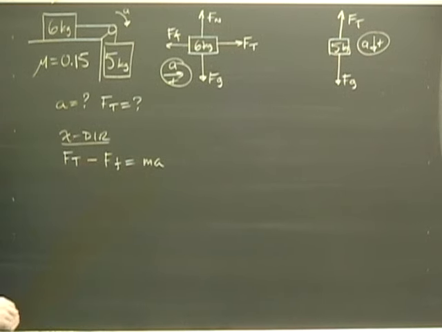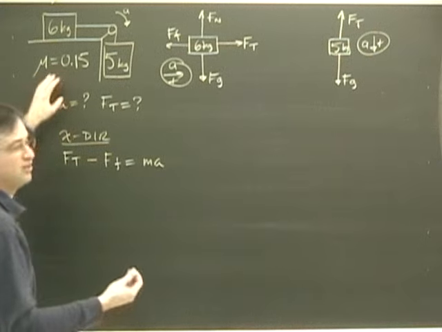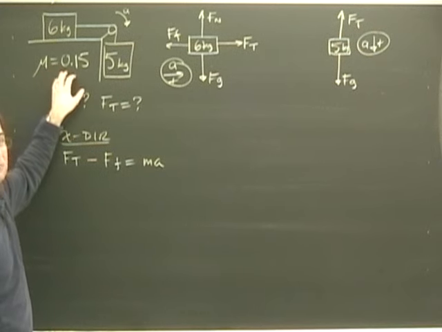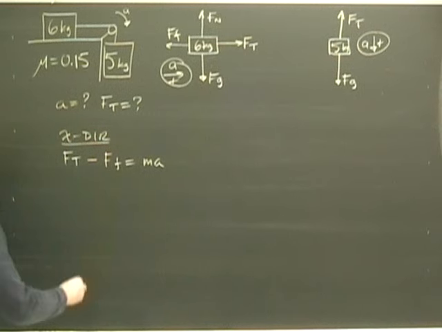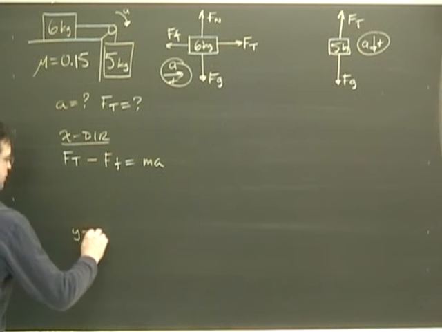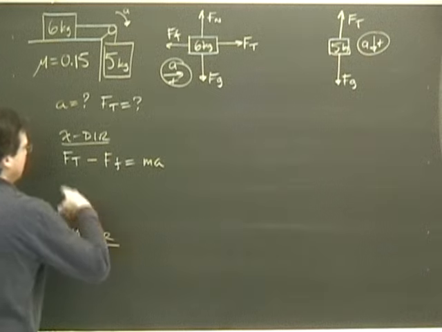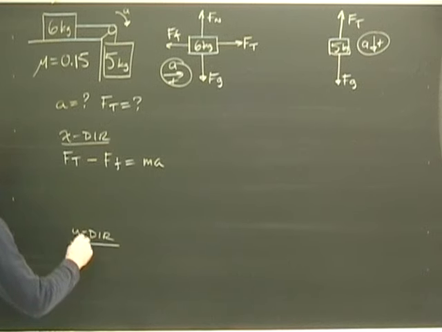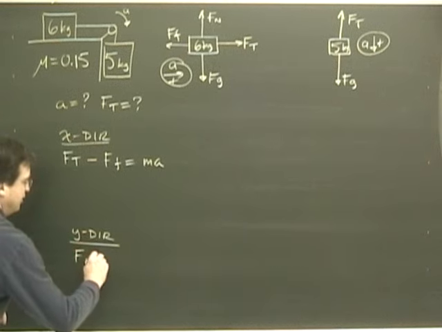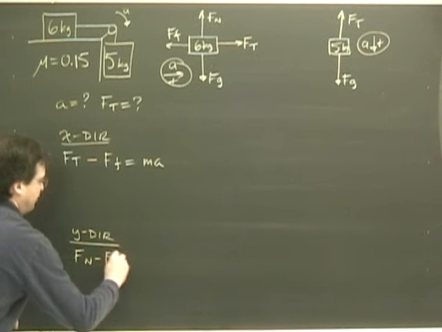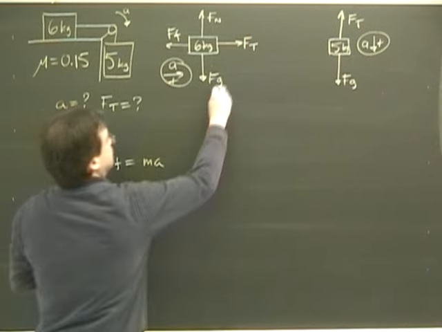So tension minus friction equals MA. I'm going to solve for the y direction because we usually do. It usually comes in handy, and since I've got this mu here, I'm going to need Fn for this box. So I might as well set down the equation for Fn here. In the y direction, I can choose up or down as positive. I'm going to choose up as positive. Fn minus Fg, and that's this g here for the 6 kilograms.